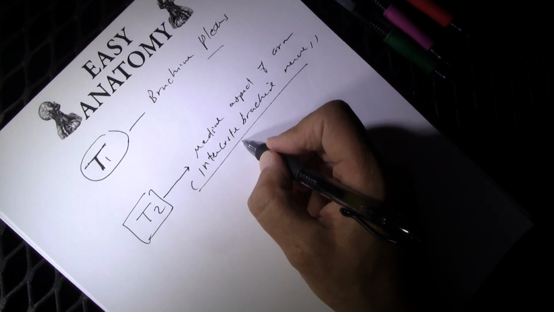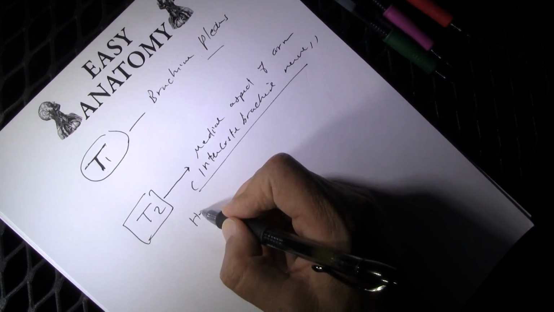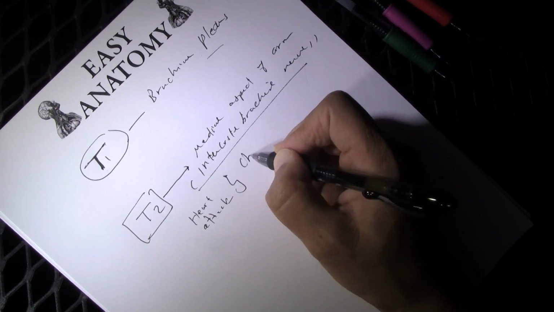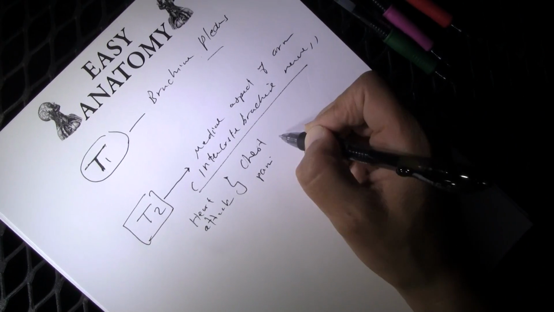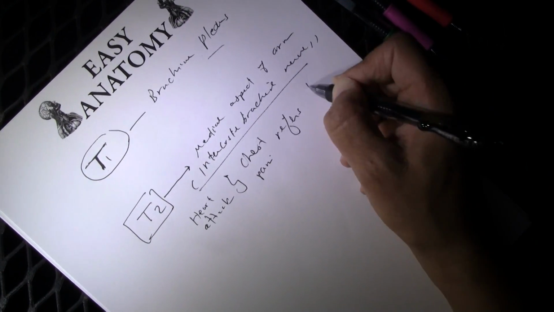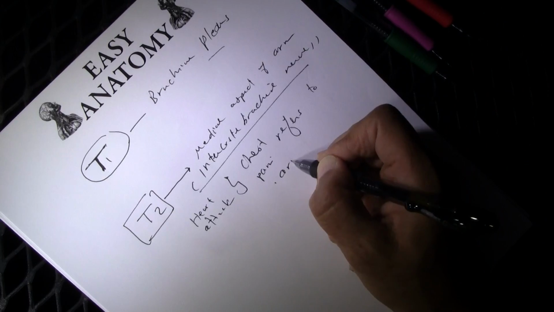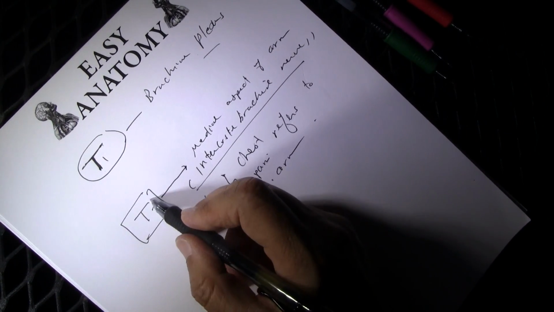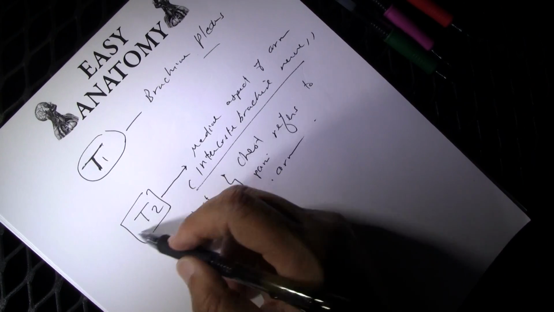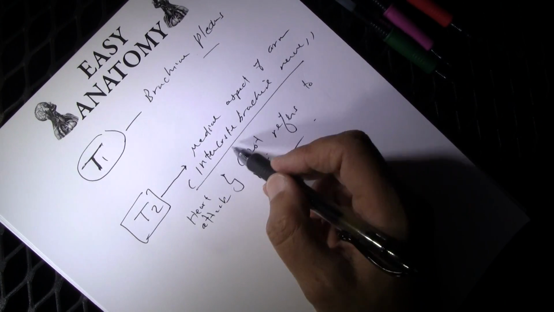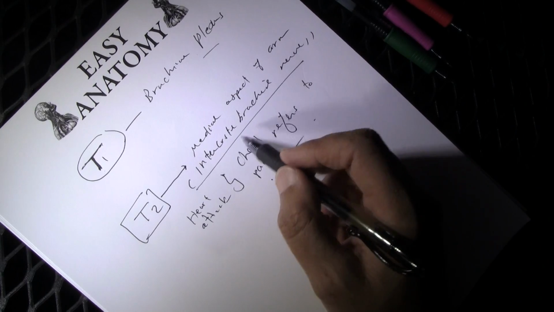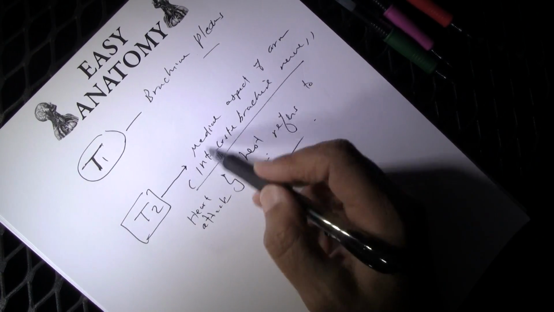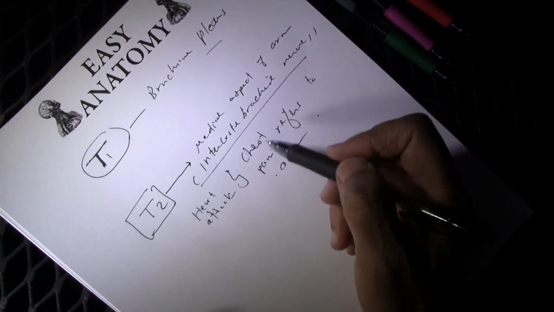And this is the reason why in heart attack, chest pain refers to the arm, to the medial side of the arm, because of this number 2, which supplies the heart tissue and also supplies the medial aspect of the arm.